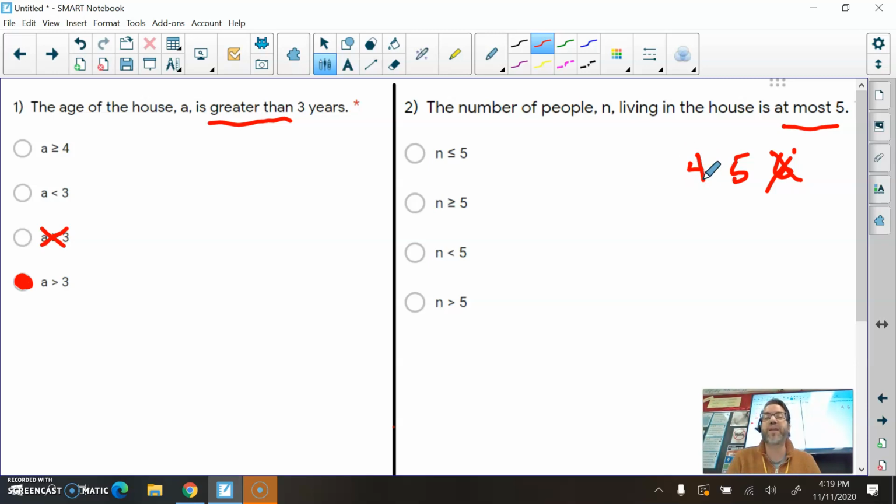It just can't be more than 5 people. Okay, so the number of people N living in the house is at most 5. So it could be 5 or it could be anything less than 5. So it has to be less than or equal to 5. We choose that option because you can have 5 people in the house, but that's the most you can have. At most, it's 5 people. You can have fewer than that. So N is less than or equal to 5.